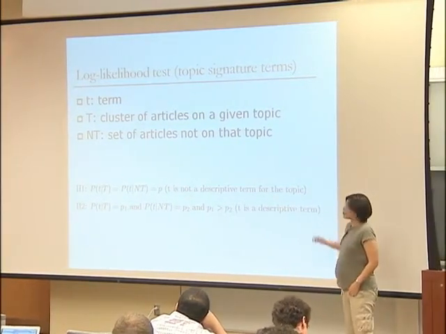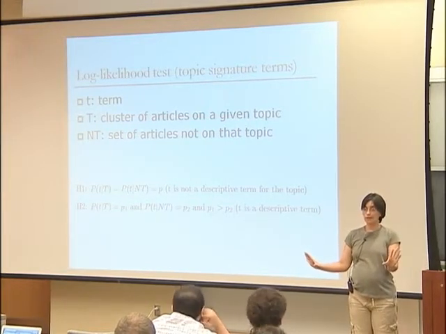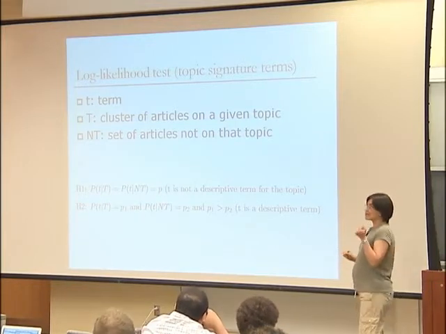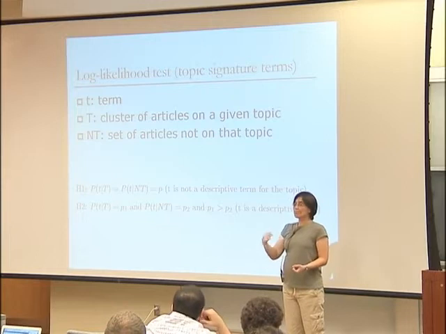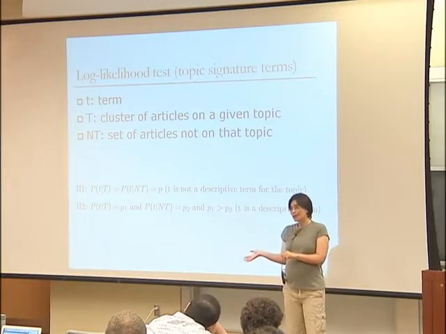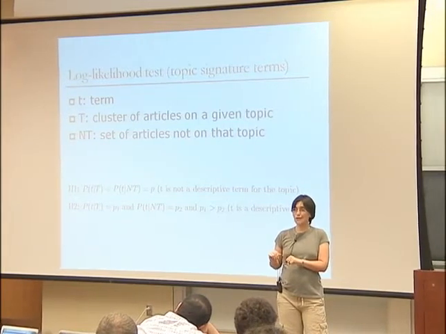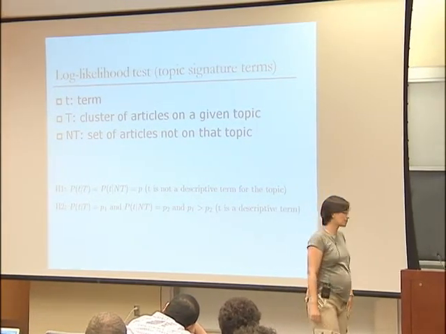While in this hypothesis, you say, oh, I have two clusters that I need to keep different. So the likelihood of my data is the likelihood of seeing the word that many times in my topic documents times the probability of seeing my topic word in the non-topic documents, right? And these are independent because I have different types of data.